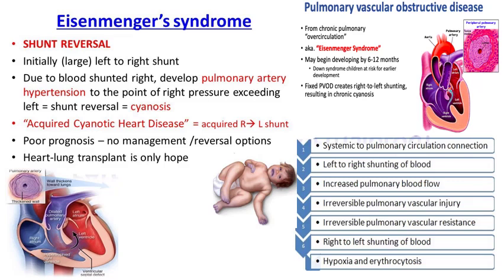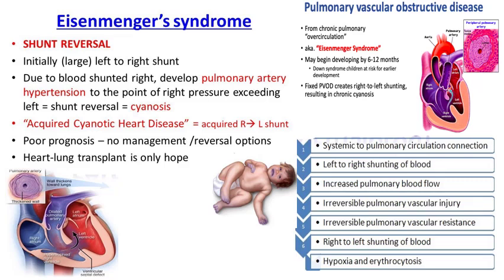So there is more work done by the pulmonary trunk and the pulmonary artery. So there is thickening, hypertrophy of the wall of the pulmonary artery, leading to pulmonary hypertension, because more pressure is needed here to pump blood to the lungs.